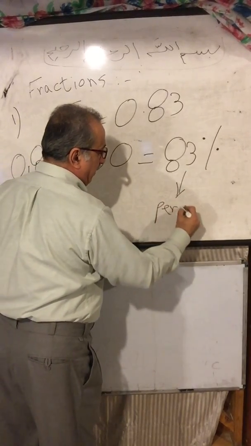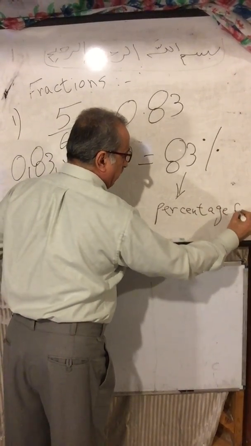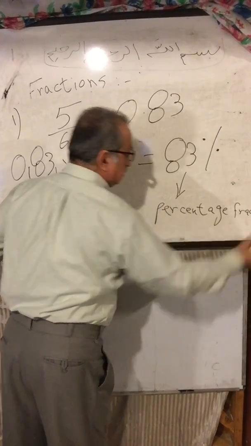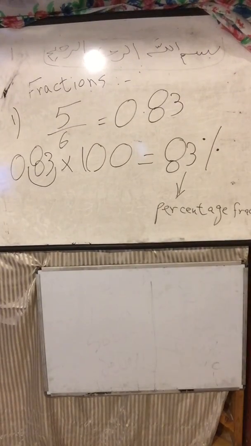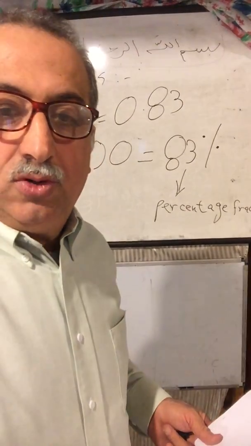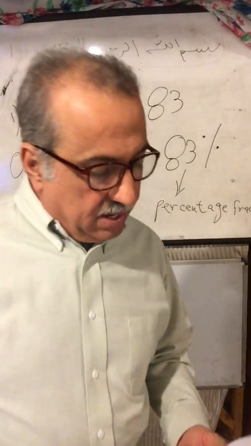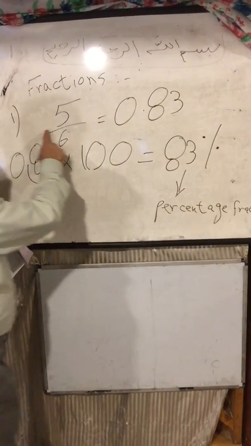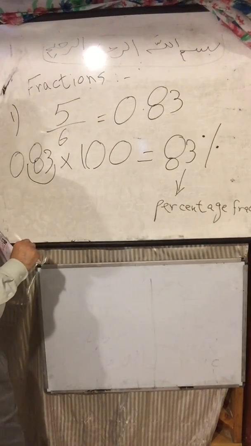So this is a percentage fraction. Okay, so it's 83%. And that's how we convert from a common fraction to a decimal fraction to a percentage fraction.